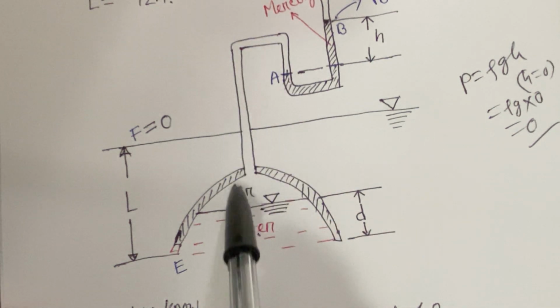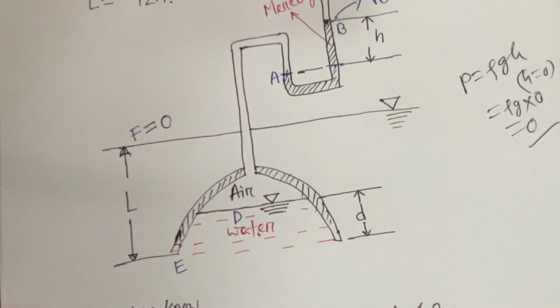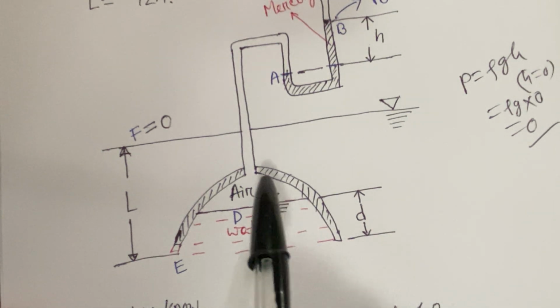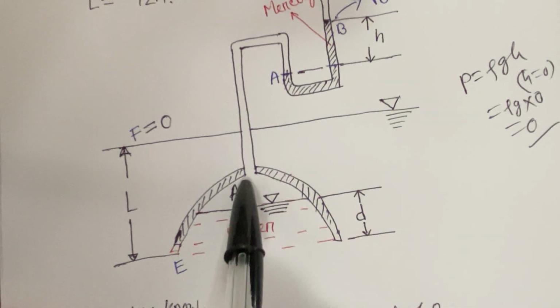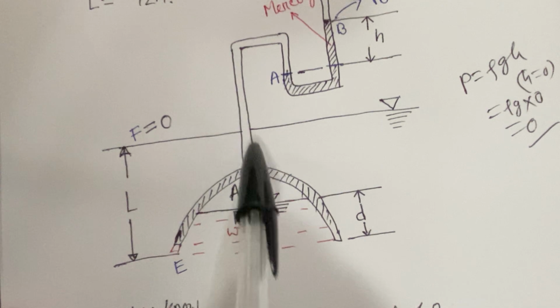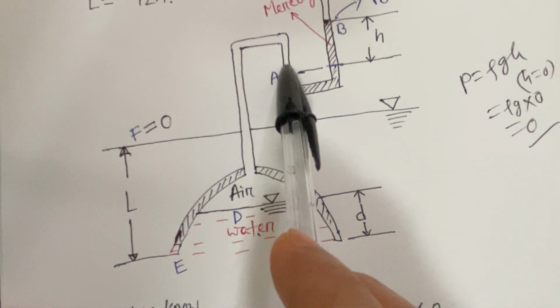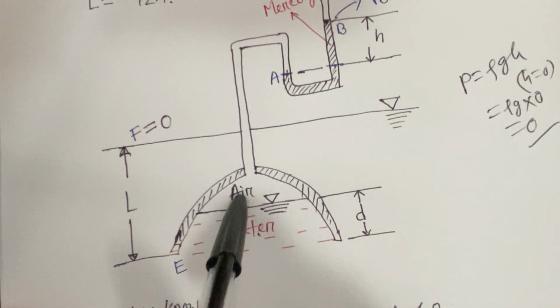So the air column changes, but the pressure change due to the air column AD is negligible due to the air density. So the column changes, but due to the low air density, there should be some variation.